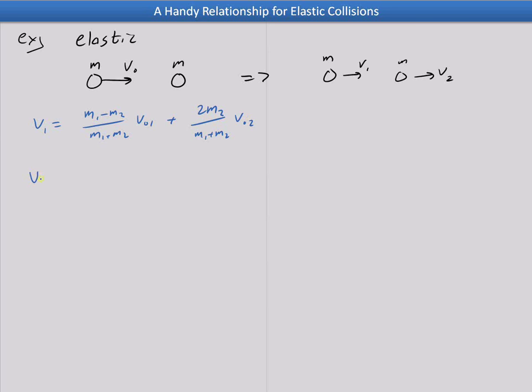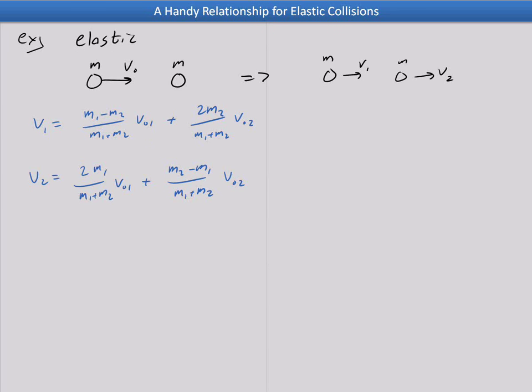Likewise, we'll have an equation for v2, which tells us that v2 is equal to 2m1 on m1 plus m2 v initial 1 plus m2 minus m1 on m1 plus m2 v initial 2. Notice that these terms are in different order, so one of these is going to be negative of the other.